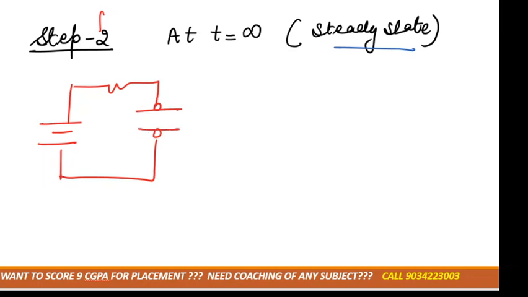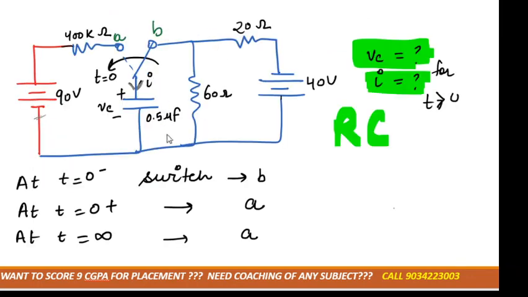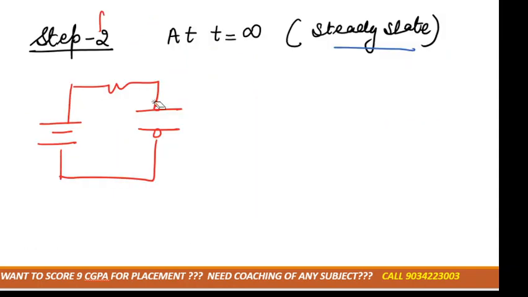Here capacitor was connected. Now B is disconnected, so we don't need to draw this diagram. Okay. So again capacitor will behave as an open circuit. Again I am removing. We have to mark A and B. This is 90 volt. This is 400 kilo ohm, right?